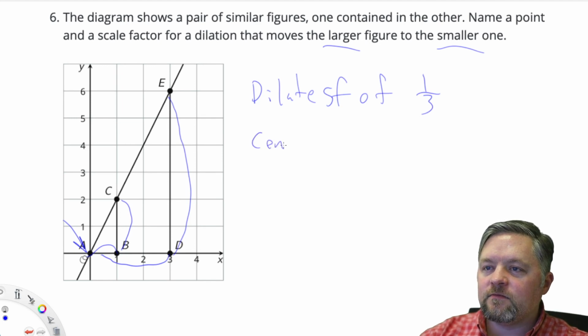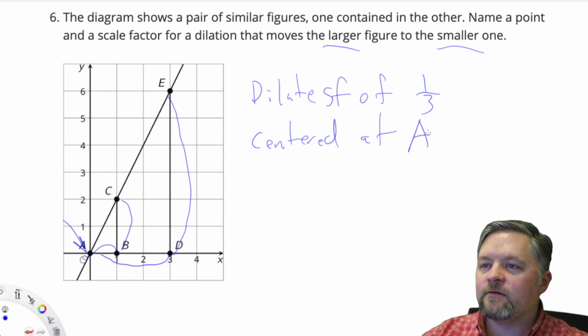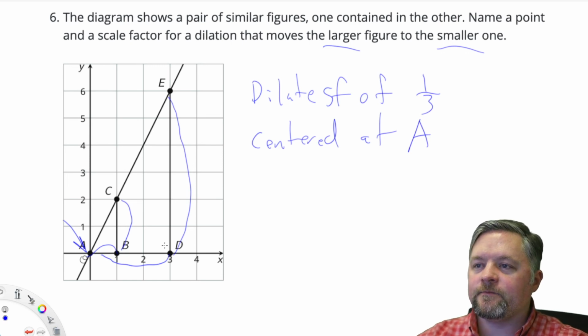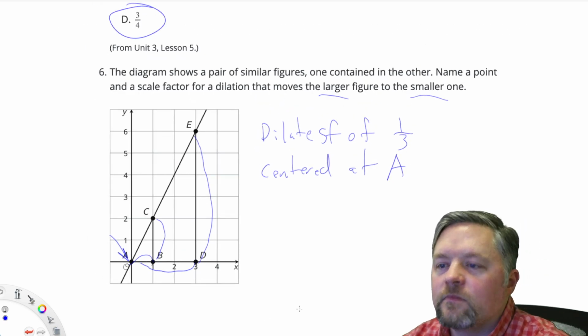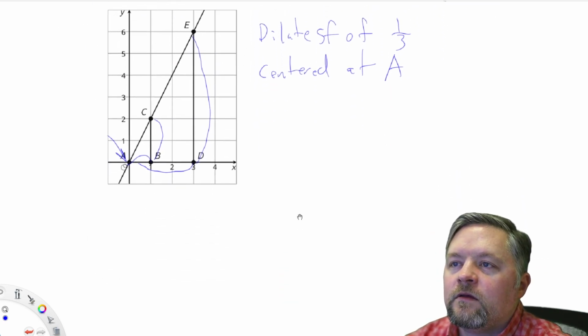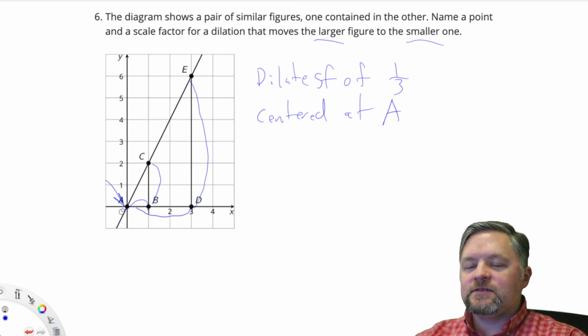And centered at A. Center of dilation is point A. That is the last one here.